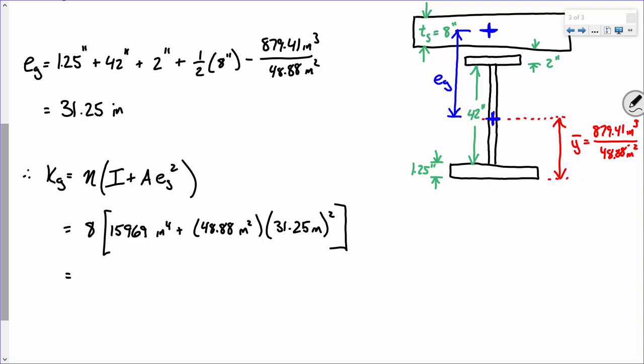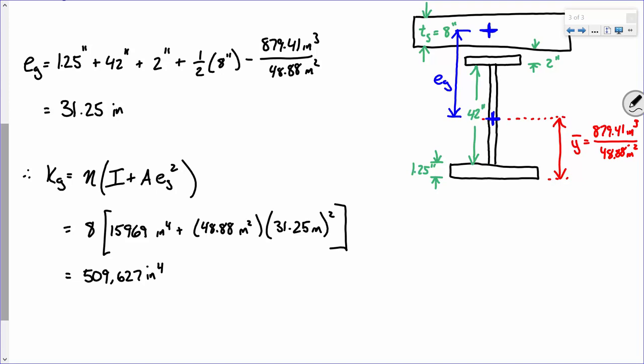What does that come out to be? 509,627, is that what you said? 509,627. We don't need the decimals or whatever, that's close enough. Sound good? And that's inches to the fourth.